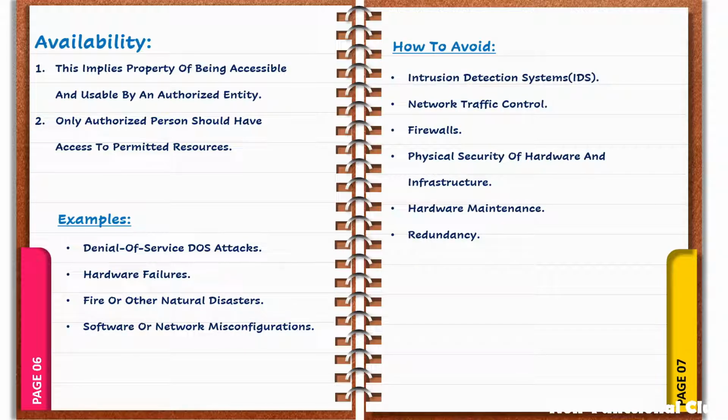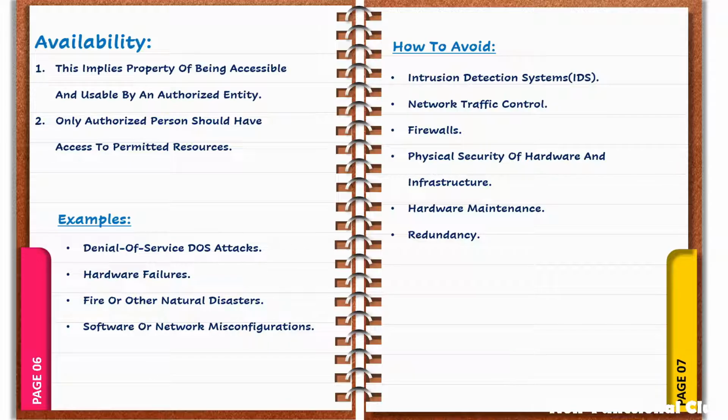So how do we avoid availability issues from occurring? We should always have an IDS, that is an intrusion detection system, in place. We have various tools to actually place this system. We should always have network traffic control, so that if the servers are important, a proper network traffic control mechanism is in place. The network should not go off for that particular system.